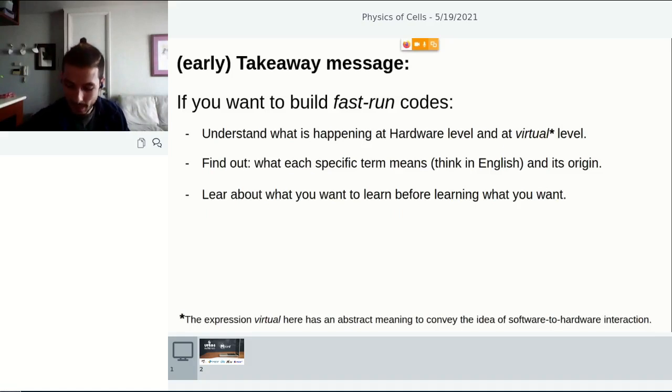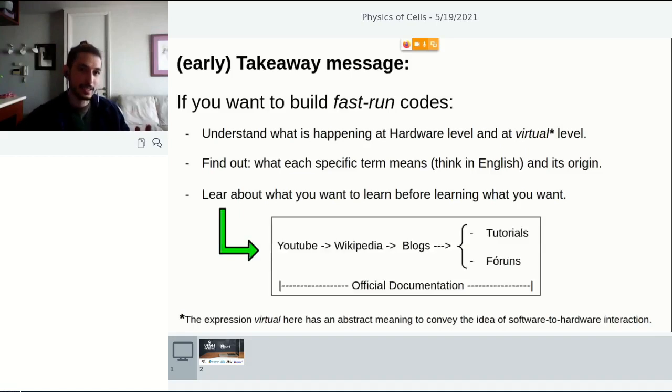What that means is that if you want to learn something, before you go into those three-hour YouTube tutorials explaining everything about a certain language, you should first learn about the thing and its context, and then try to learn how to use it.